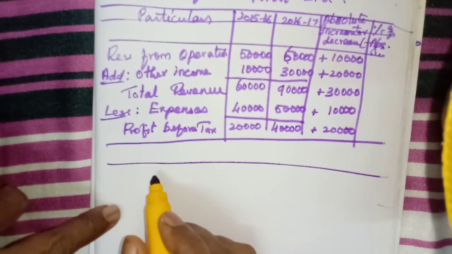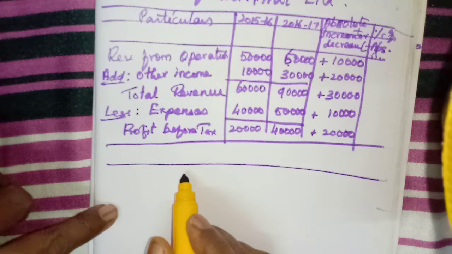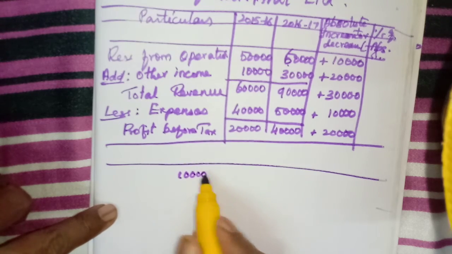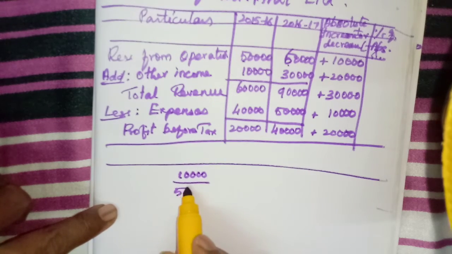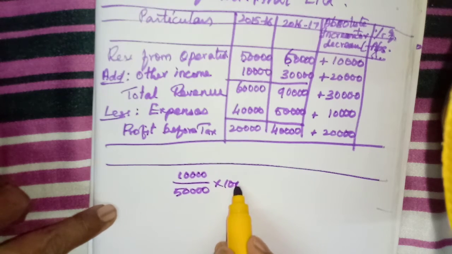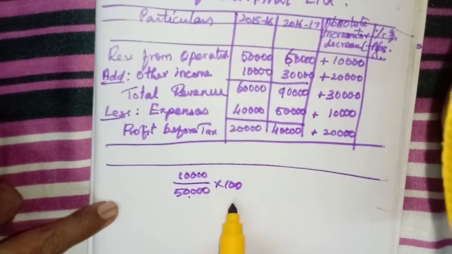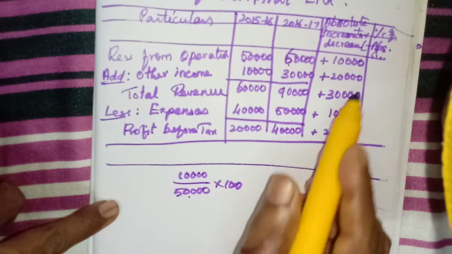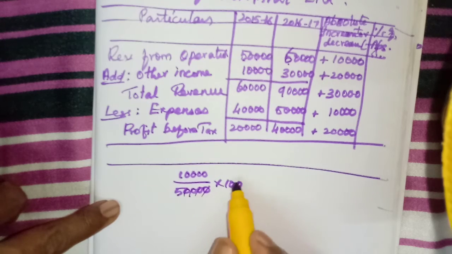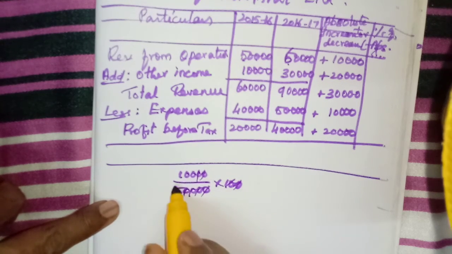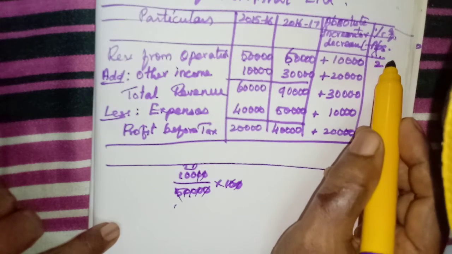The formula is increase amount, which you write at the top, 10,000, divided by the first year's 50,000, into 100. For 50,000 the increase is 10,000, so for 100 what is the percentage? 20.